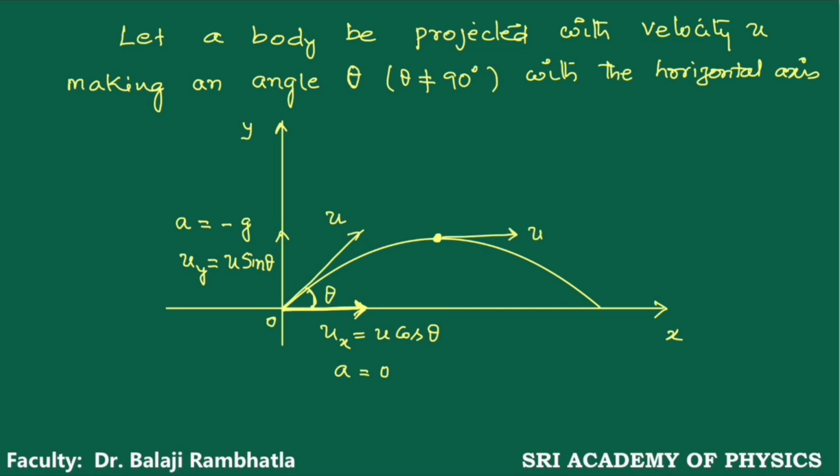At this point you have only the horizontal component, that value is equal to ux, u cos theta, and the vertical component value becomes 0. So whenever we calculate the velocity at the maximum point of the projectile, the uy value is equal to 0 and the ux value exists. Right? This is the concept.